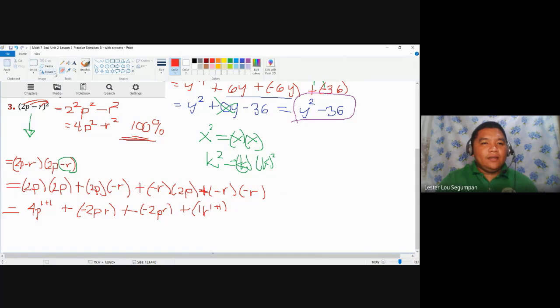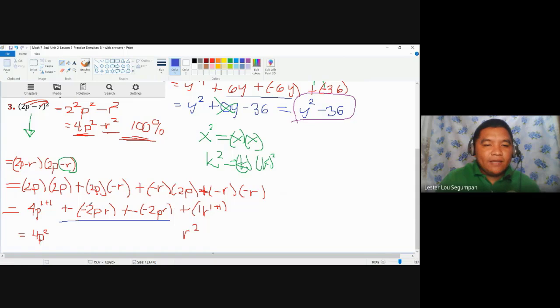Okay, and then this follows this procedure. 4p squared. Oh, it's almost the same here already. The last term is also r squared because 1 may not be written. So we have this here. So are they the same? Let's look at the inner terms. The inner terms can be combined because they have the same pr.